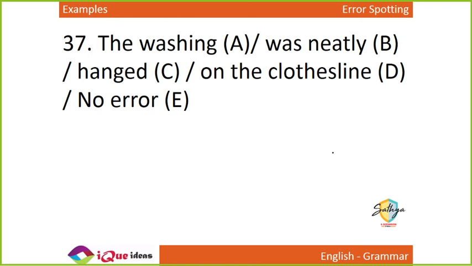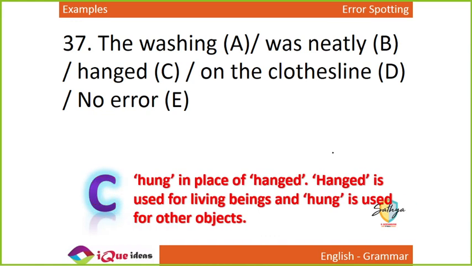You hang people till death. He was hanged till death. But when inanimate objects are simply hung up, the past tense to use is hung. The washing was neatly hung on the clothesline. For a human being, we say hanged. For inanimate objects like clothes, we simply say hung.